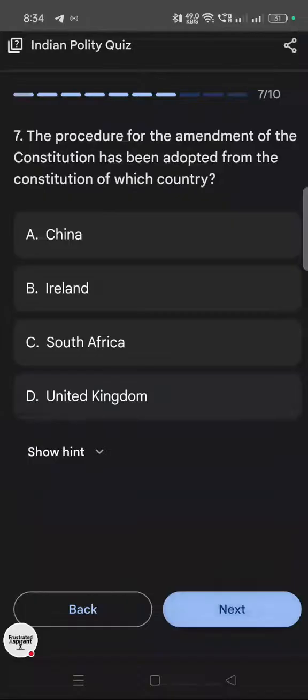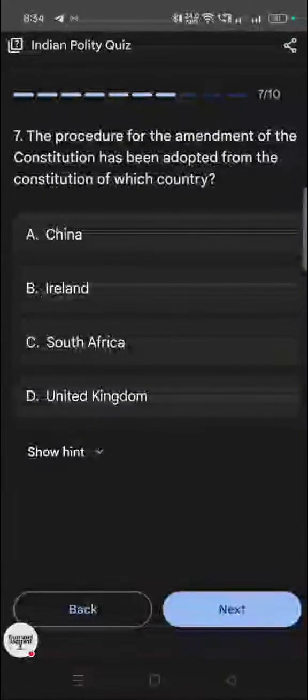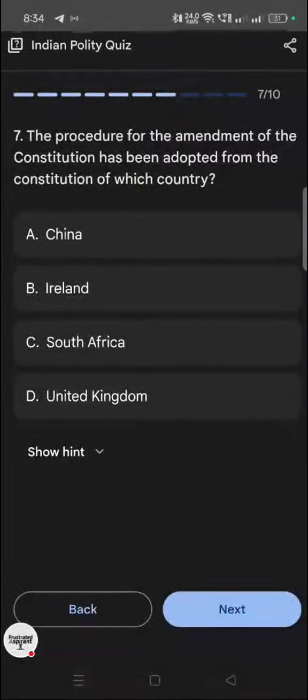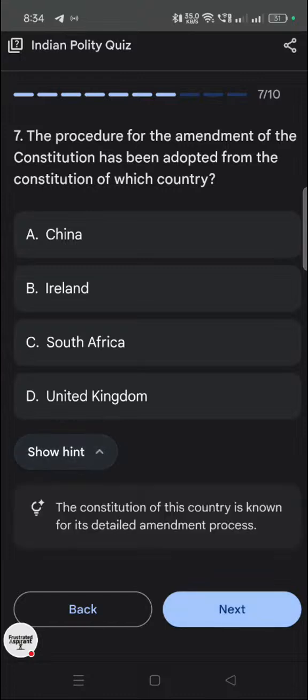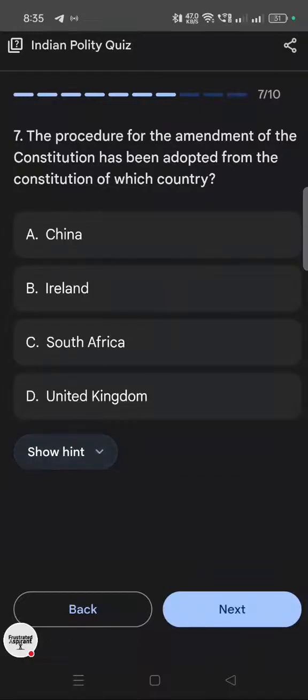The procedure for amendment of the Constitution has been adapted from the Constitution of which country? China, Ireland, South Africa, UK.